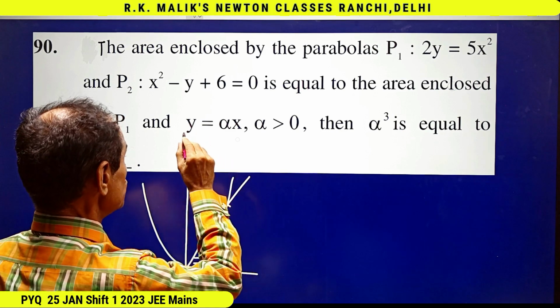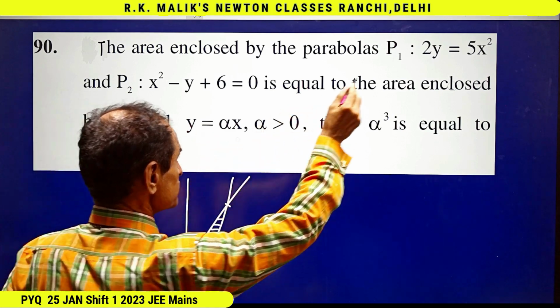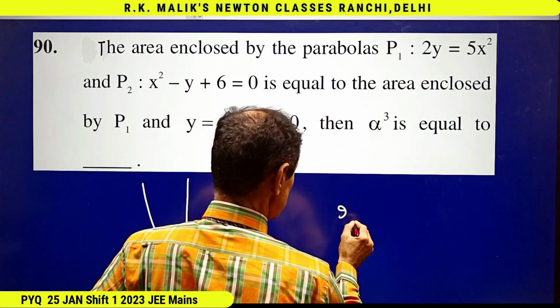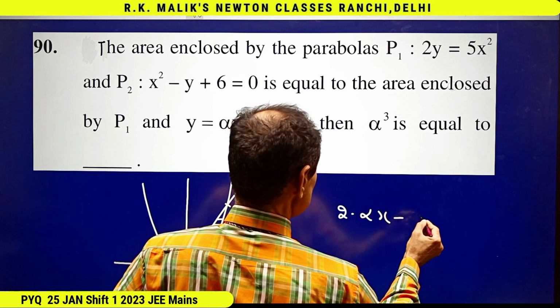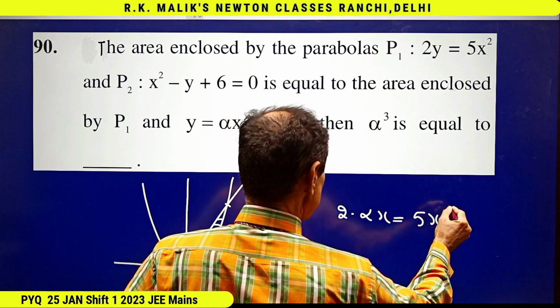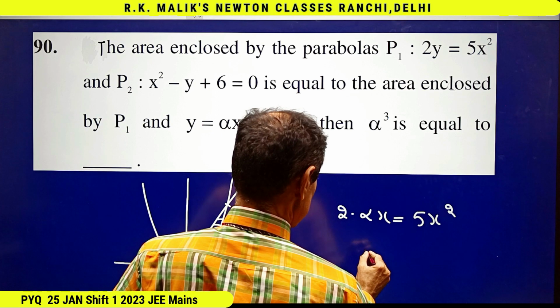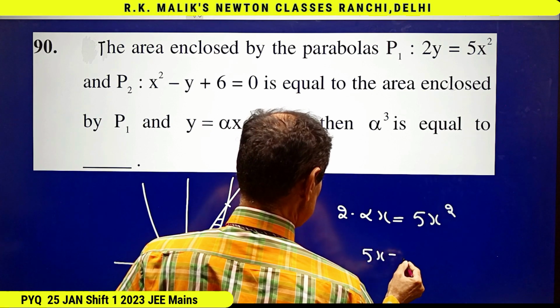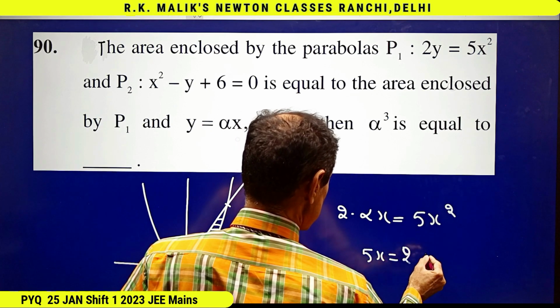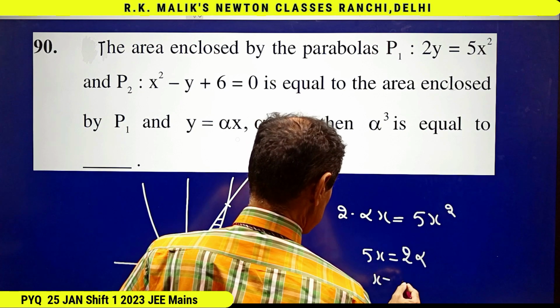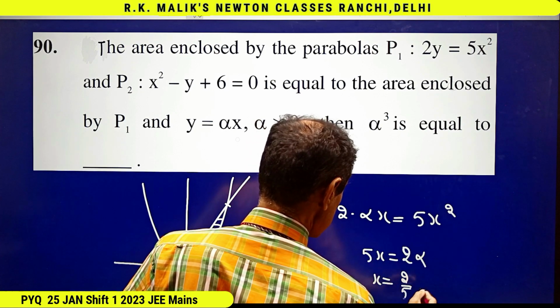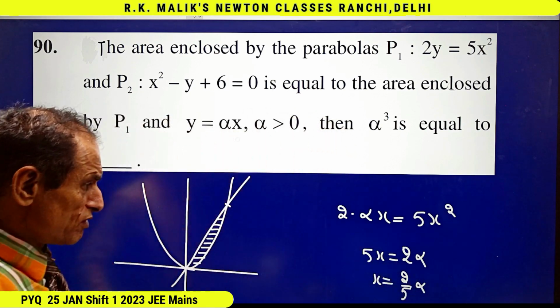And for this point, we solve this equation and the equation of the parabola simultaneously. That is, I put the value of y equal to alpha x in this. I get 2 into alpha x equal to 5x square, that is 5x equal to 2 alpha, x equal to 2 by 5 alpha.